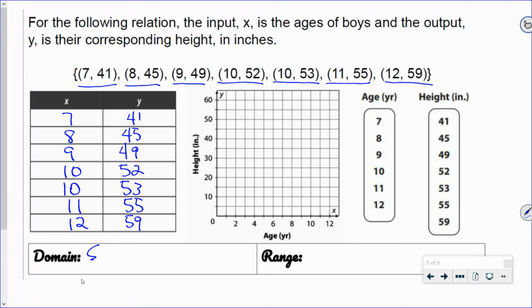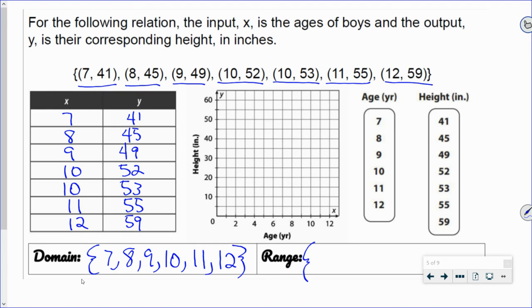If I wrote the domain out in brackets like this, what would be my domain for this relation? 7, what's the next one? Speak up. 8, what's the next one? 9. Yeah, what's the next one? 10. What's the next one? 11. Well, yeah, we don't have to write 10 twice, you're right. So let's write 11. And what's the next one? 12, very good. So, if I'm writing out the domain, it doesn't make sense to write 10 twice. We're not going to do that.